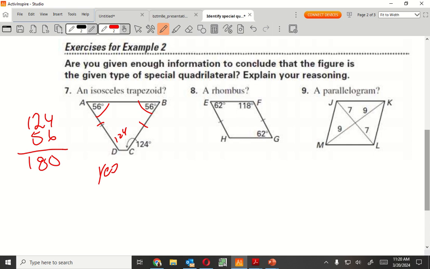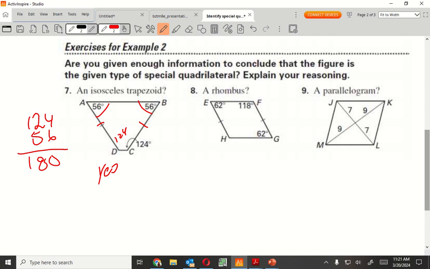Rhombus, number 8, is that a rhombus? No. Why no? She says yes, you say no. Okay, yes. Why? No, because all the sides are not the same.